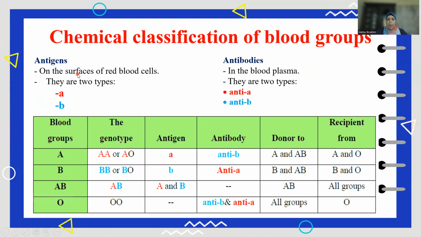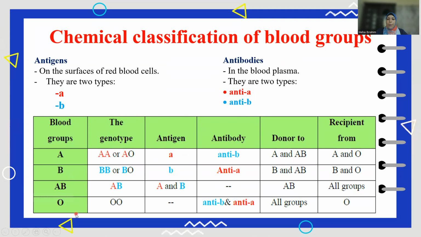Antigens are the proteins expressed on the surface of red blood cells, while antibodies are in the blood plasma. We have 2 different types of antigens and 2 different types of antibodies. The antigens are antigen A and antigen B. The antibodies are anti-A and anti-B.